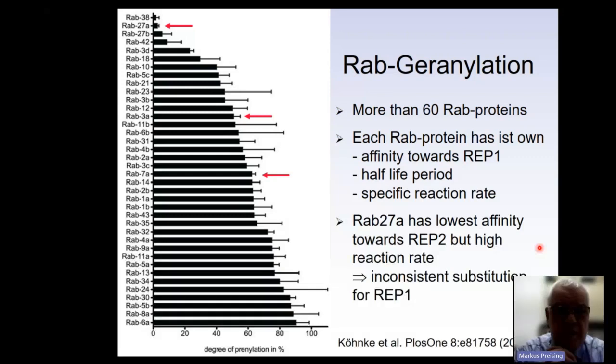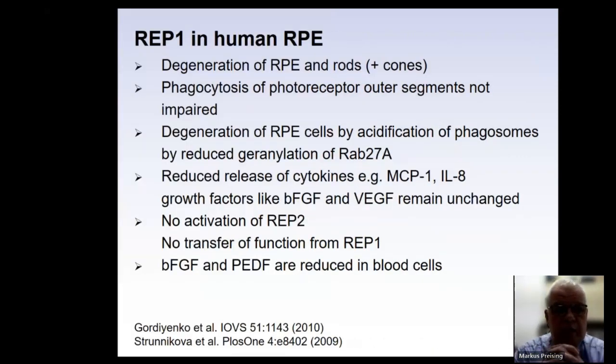Rep27A is a protein that is extremely important in the phagocytosis of photoreceptor outer segments, but it has the lowest affinity towards Rep2, the substitute of the choroideremia protein. Therefore, the substitution of the choroideremia protein is absolutely inconsistent, and that causes the disease in the retinal pigment epithelium. Rep1 in human RPE is therefore absolutely necessary to provide the function.